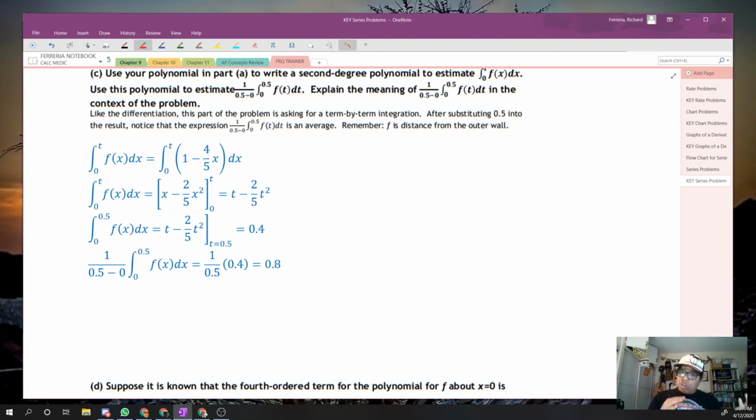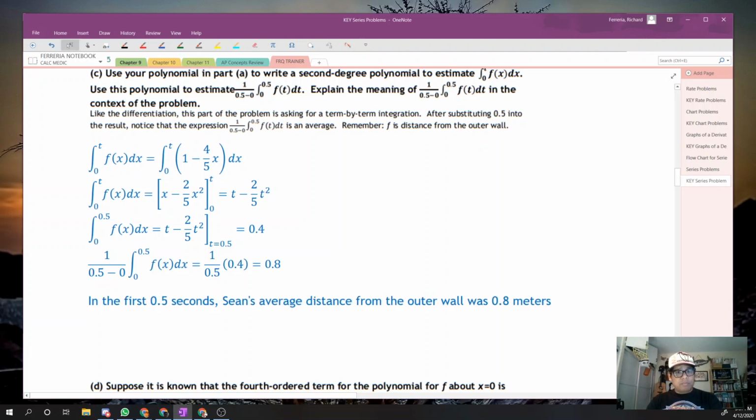So the average distance to the outer wall is 0.8. So in the first 0.5 seconds, Sean's average distance from the wall is 0.8 meters. And that's it. Not really that difficult once you understand what you're looking at and once you see that that is an average.